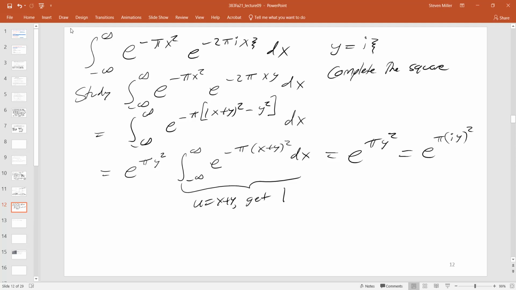Okay. Yes. Sorry. Yeah, I was about to say, I think you only forgot a minus sign. When we pull out the e to the pi y squared, we have e to the negative pi times negative y squared, so that's a positive. But when I'm saying it's e to the pi iy squared, I think it should be e to the negative pi.